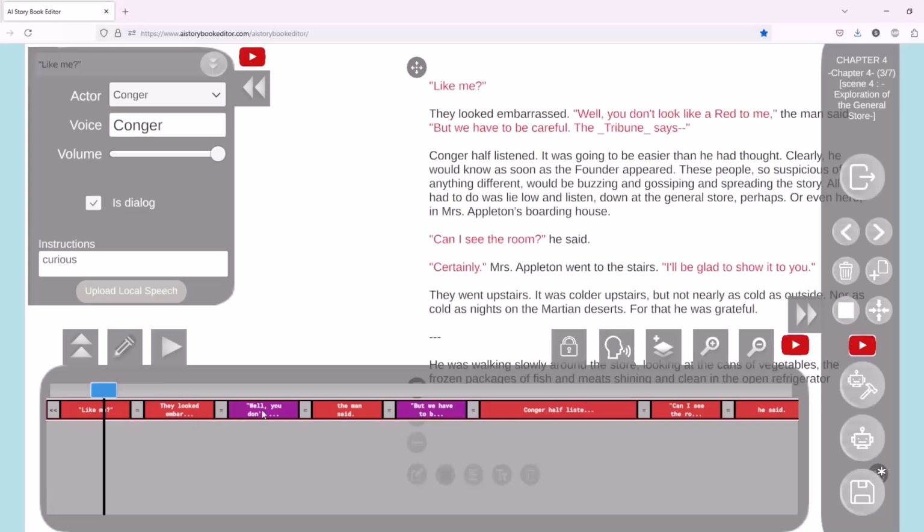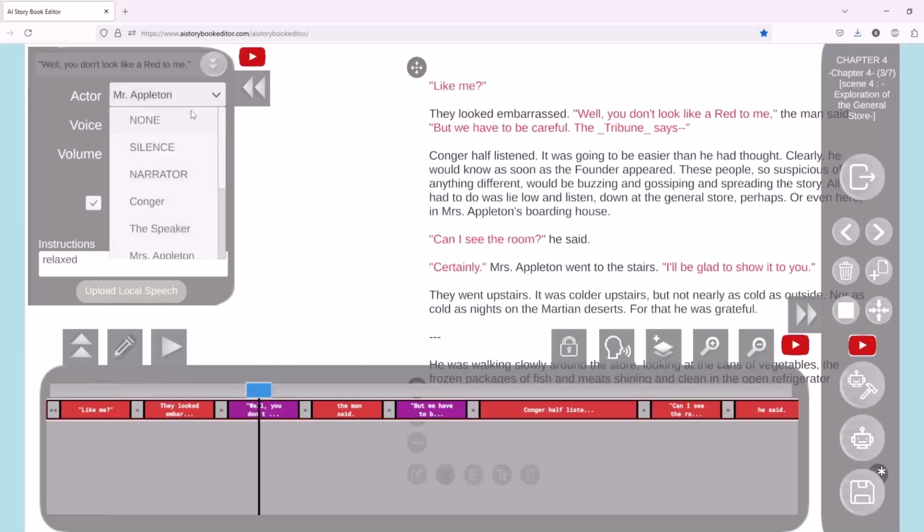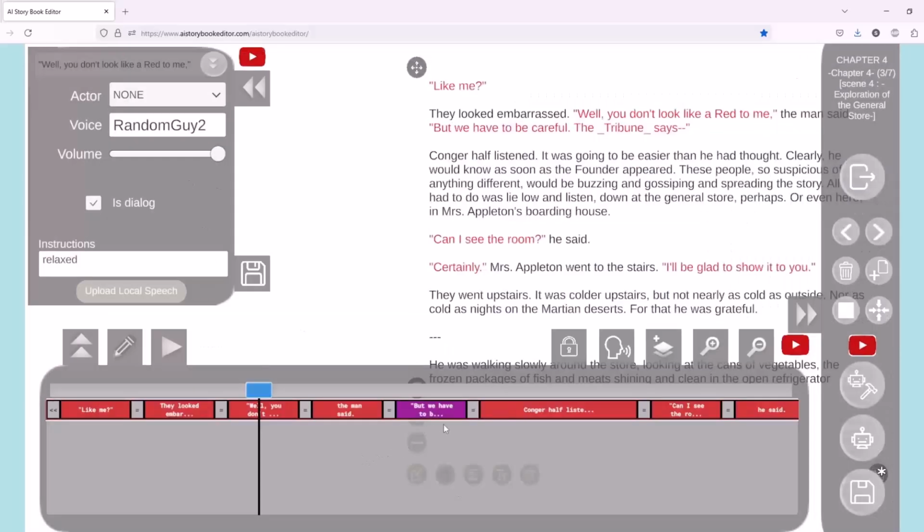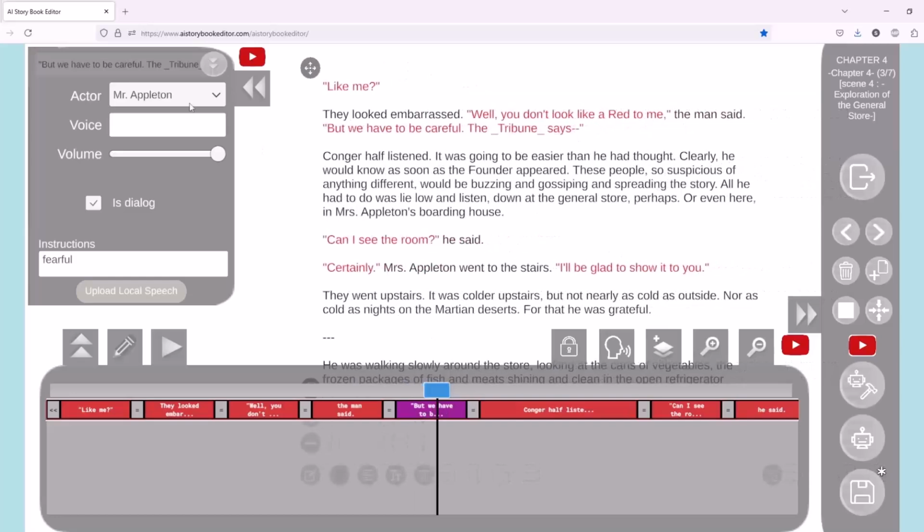This is Conger, and this is Mrs. Appleton. And Mr. Appleton.